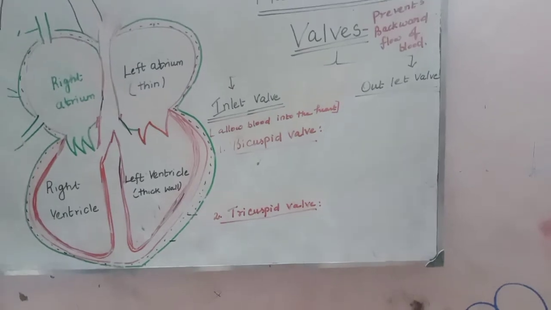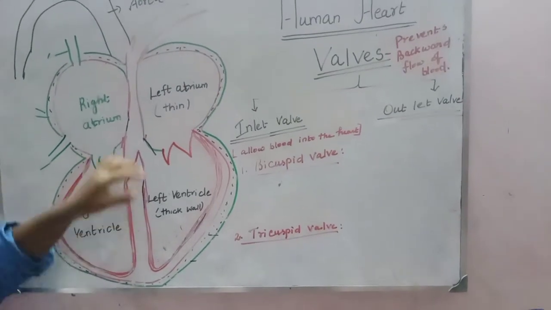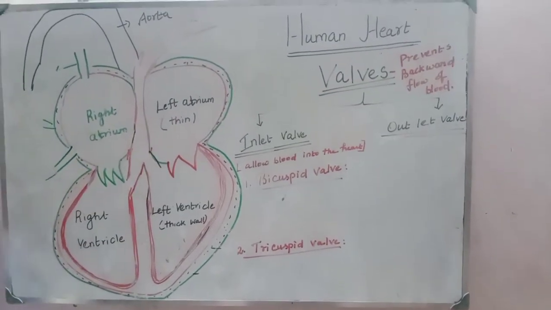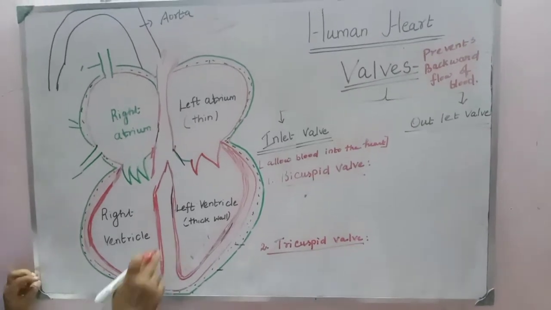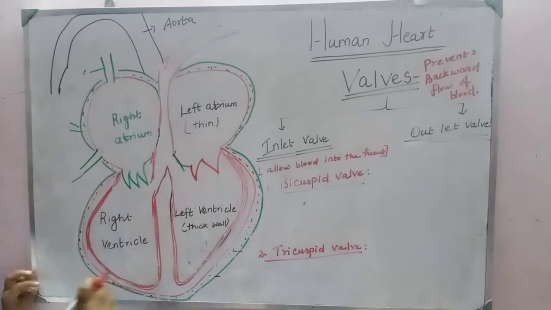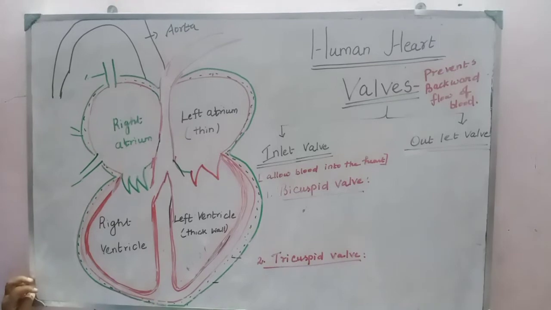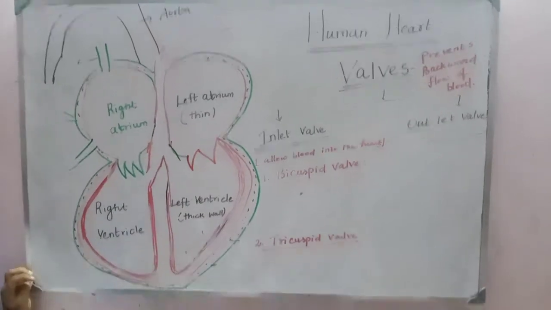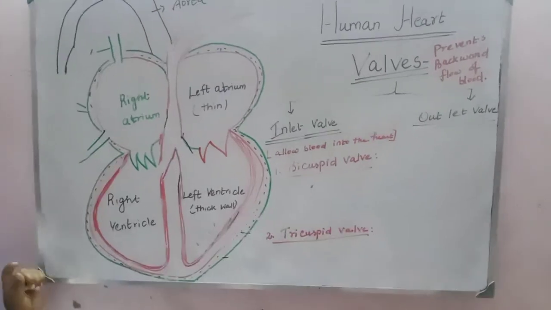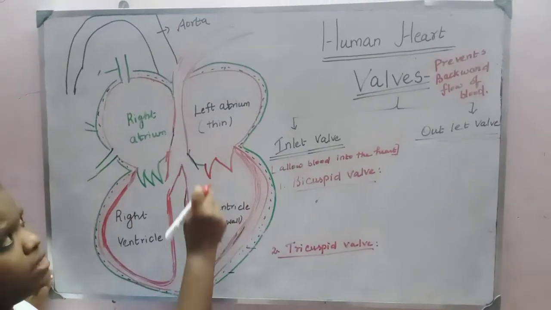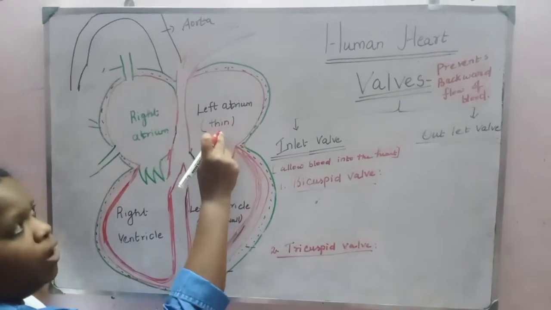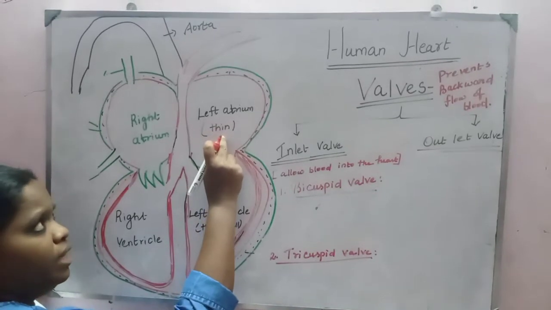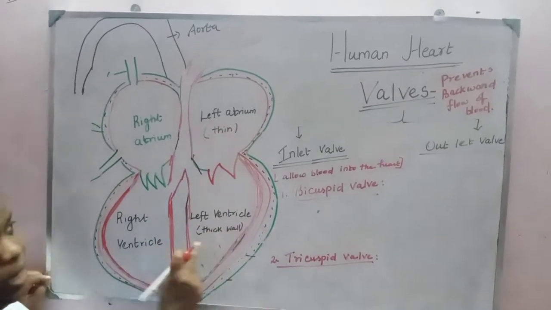Okay. See, bicuspid valve first, where is it located? The bicuspid valve guards the opening of left auricle to left ventricle. Where is it present? Between the left atrium, or left auricle, and the left ventricle.